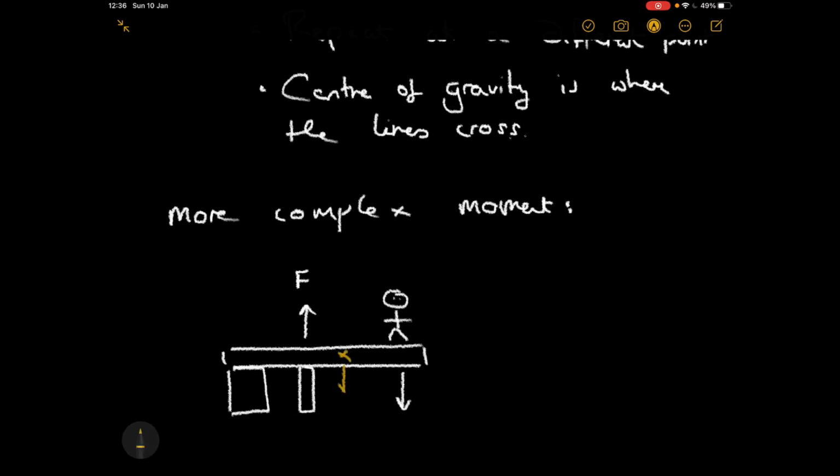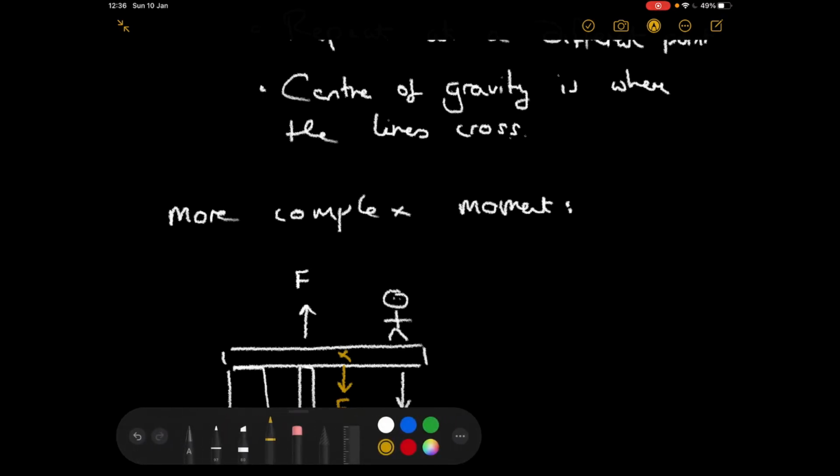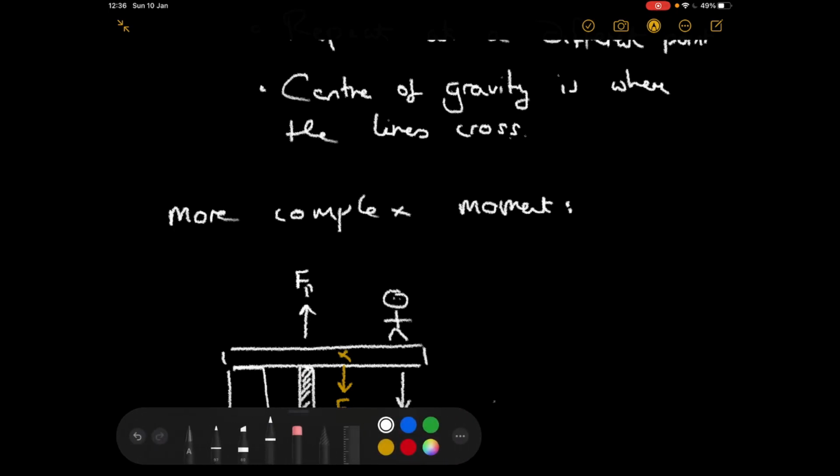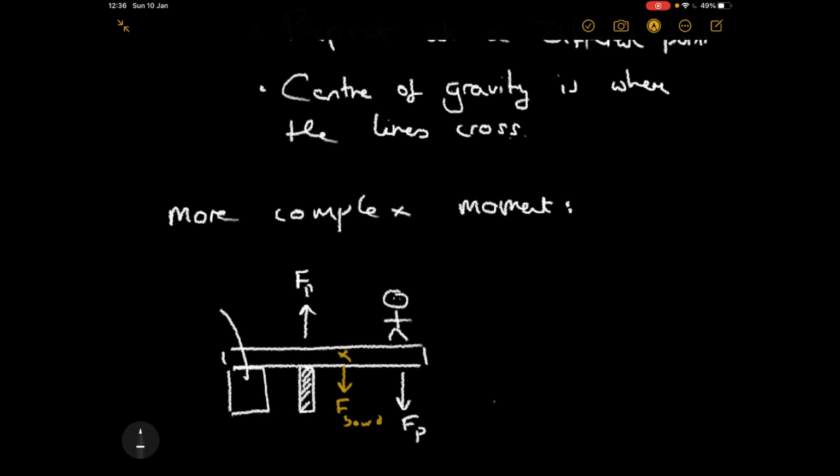But if you've got the centre of gravity and the weight of the board itself, you might also have the force of the board. You've got this force of the person, and finally a reaction from this pillar, which is keeping the whole thing stable, and then you can take a pivot as being there.